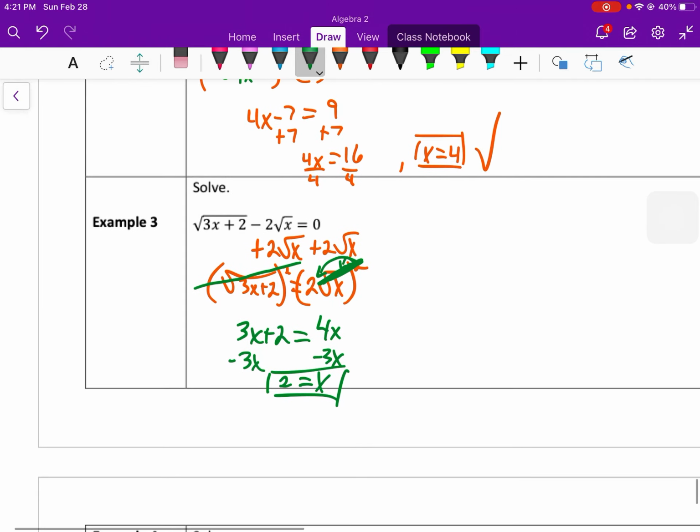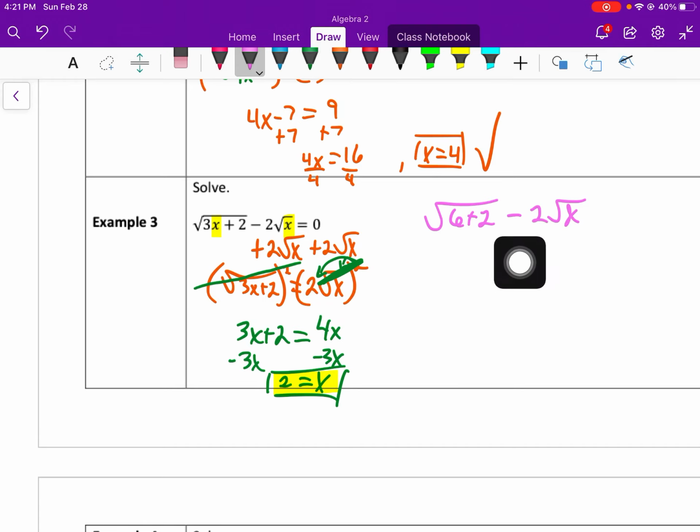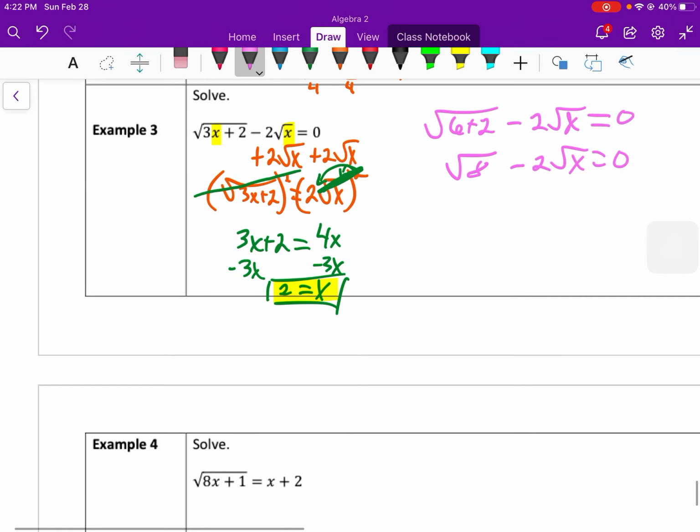So let's plug it in. Let's check to make sure 2 for x, substituting, that it is a real solution. So we have the square root of 3 times 2 is 6 plus 2, minus 2 square roots of x. So we cannot add or subtract our terms because they are not like terms yet. And that all equals 0. So square root of 8 minus 2 square roots of x.